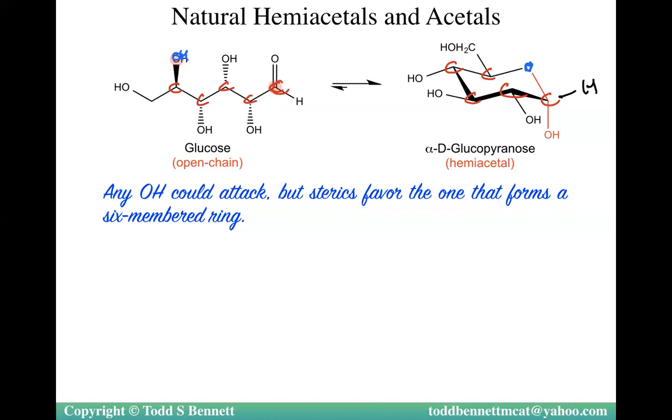If you know about sugars forming polysaccharides, or extended chains of monosaccharide residues, you'll know that this carbon right here can link to another sugar, to another sugar. You get what's known as a full acetal linkage. Hemiacetal is the individual one. The acetal is one that's linked from one sugar to another sugar to another sugar.